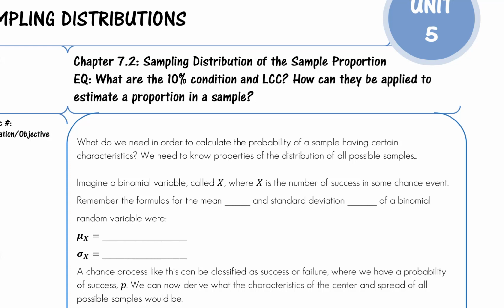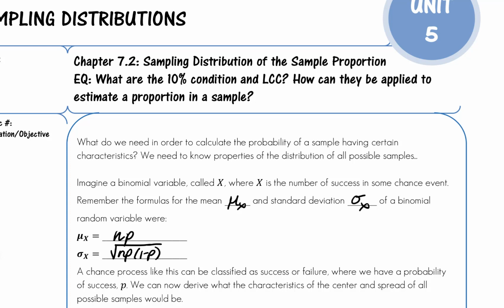Well, let's imagine this in a binomial situation where we have a binomial random variable x, where x is the number of successes, i.e. the number of students that prefer chocolate ice cream in some kind of chance event. Well, remember the formulas for mean and standard deviation that we worked with. That was mu sub x and sigma sub x of a binomial random variable, where mu sub x equals n times p, and the standard deviation is the square root of n times p times 1 minus p.